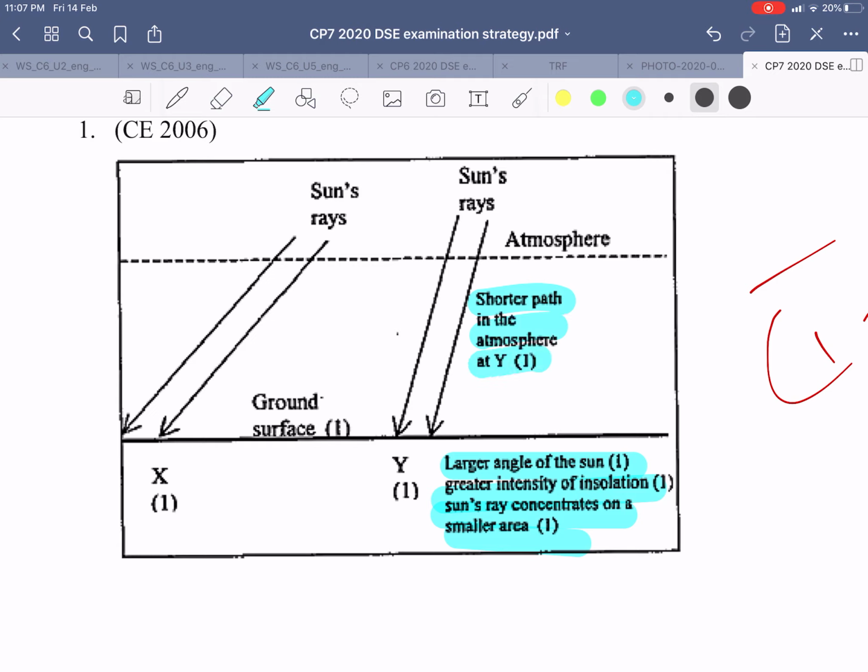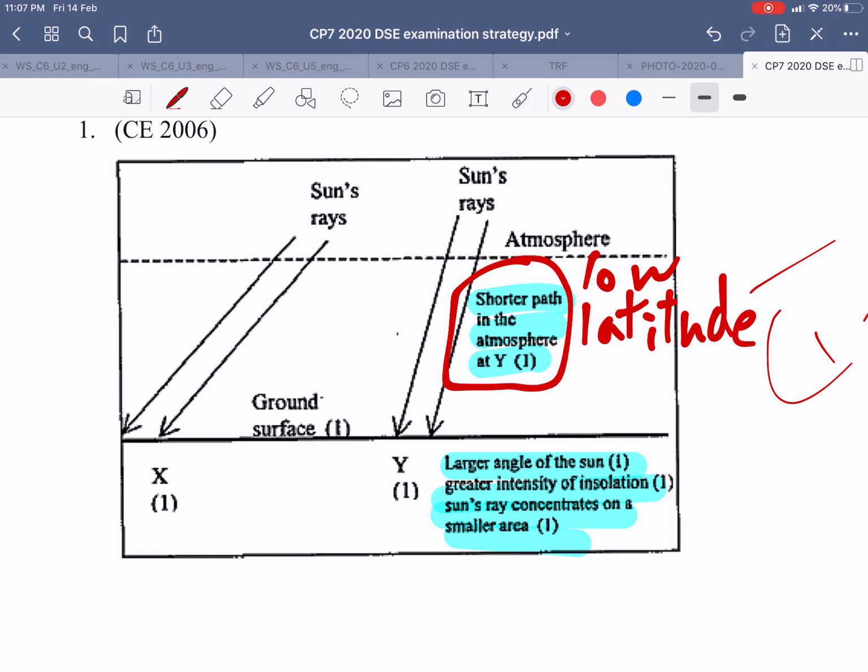Here you can see the shorter path for the lower latitude. The lower latitude has a shorter path through the atmosphere, so the sun rays are concentrated in a small area. How about the angle of the sun? The angle of the sun is larger.